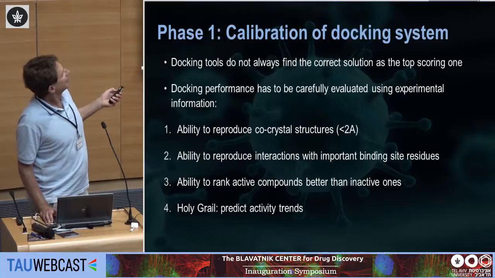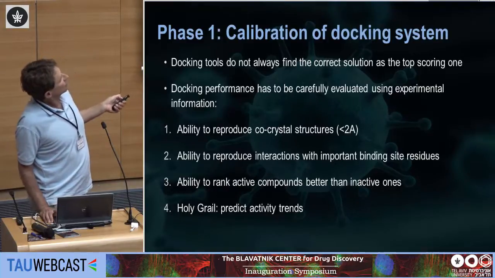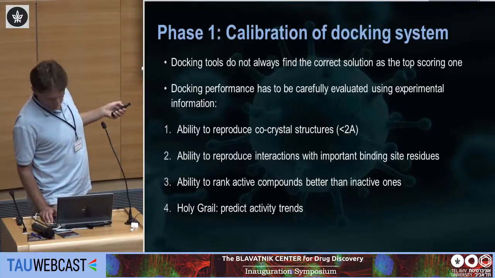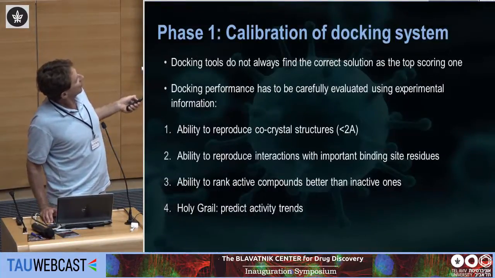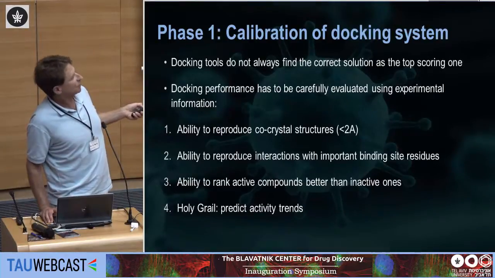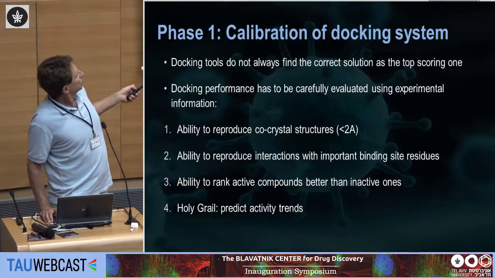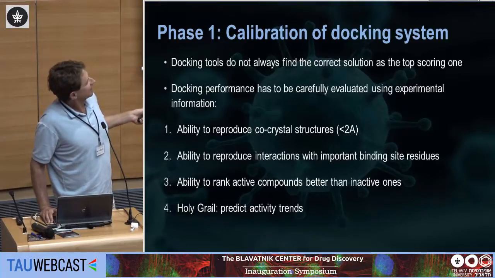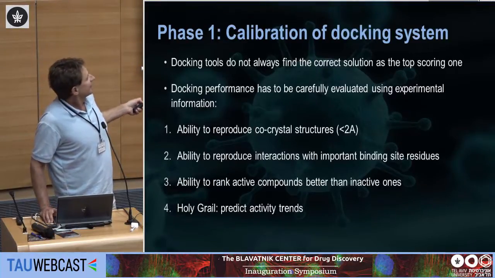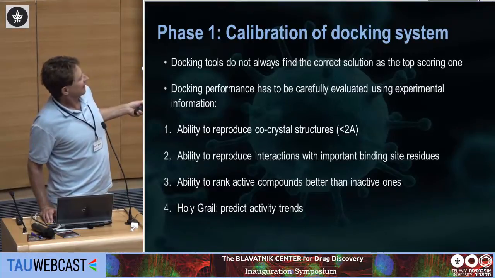In general, you want to reproduce co-crystal structures with less than 2 angstroms. You want to reproduce interaction with important binding site residues. You want to rank active compounds better than inactive ones, and ideally predict the activity trend.